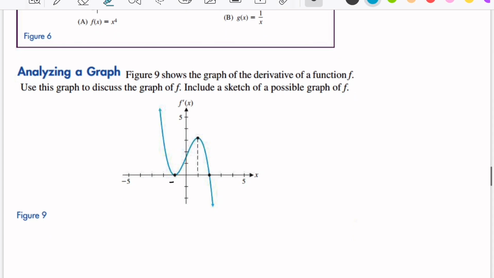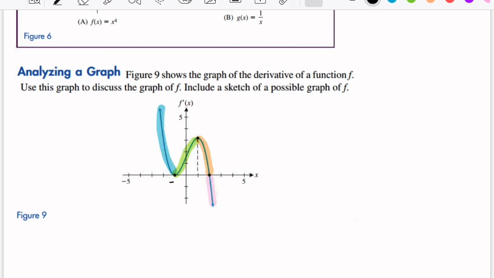Right, so what we'll do is split our graph up into different intervals where our derivative is increasing and decreasing. So as you can see here, our derivative is decreasing. Here it's increasing. Here it is decreasing. And then here it's still decreasing, but it's changing sign. Okay.